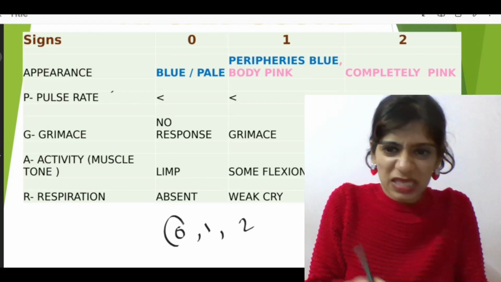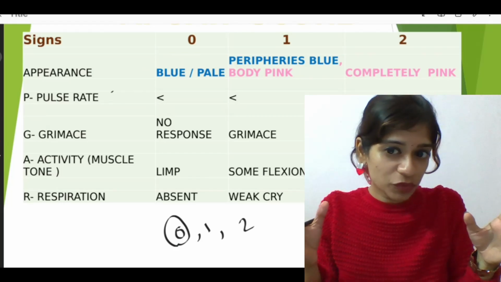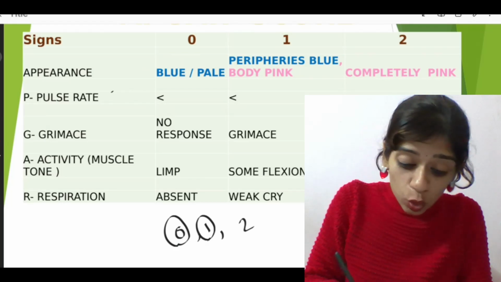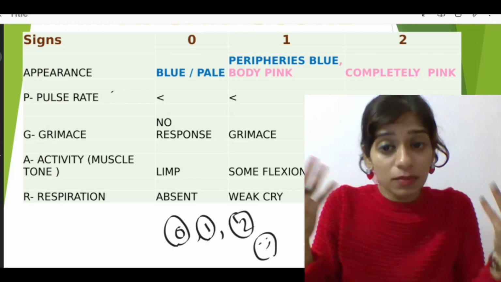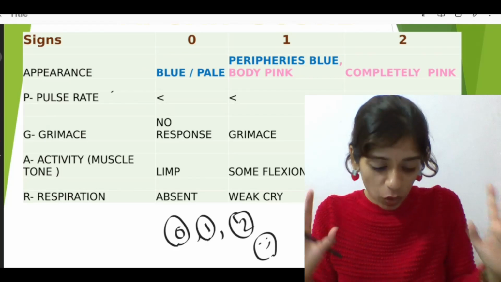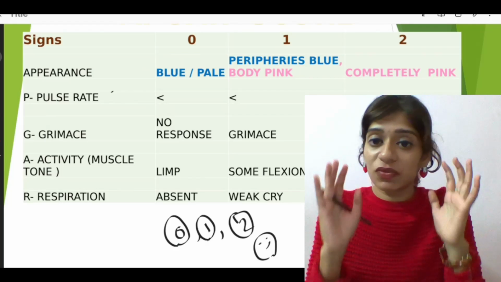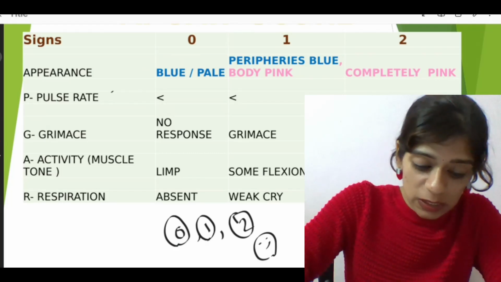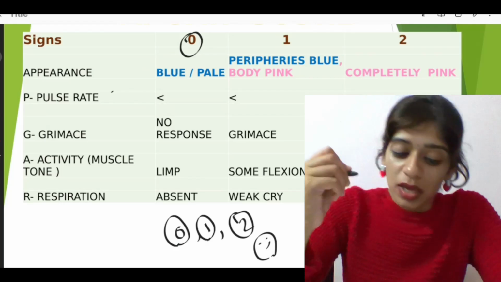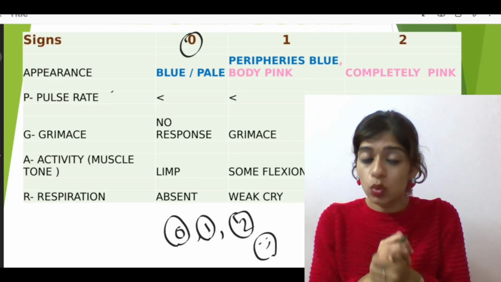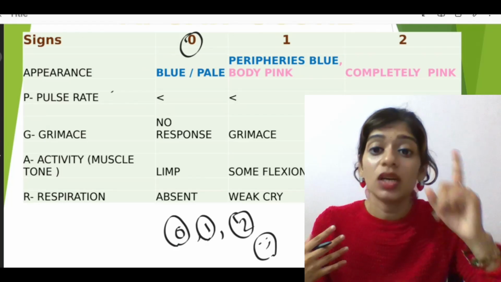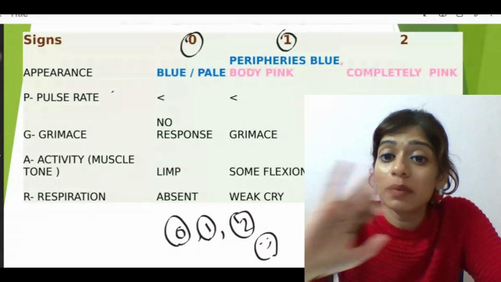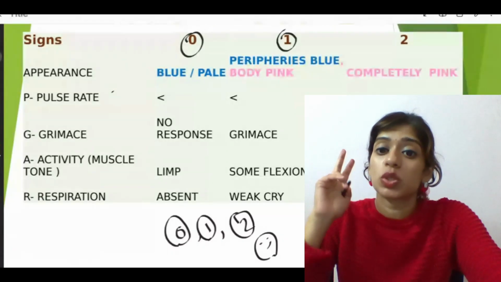So 0 means the condition of the baby is not good, right? 1 means it is moderate health, and 2 means you should be happy. That means the baby is in good health. Now if the appearance of the baby is blue or pale, you will give a score of 0. Simple. If the peripheries are blue and the body is pink, you will give a score of 1. If the baby is completely pink, you will give a score of 2.